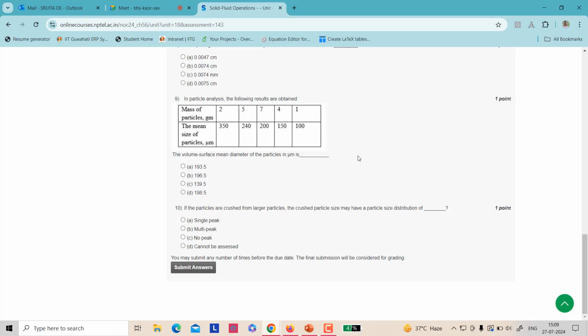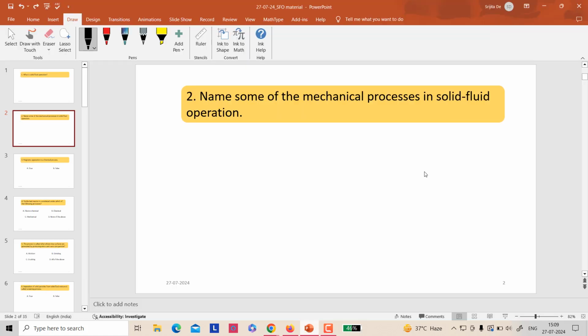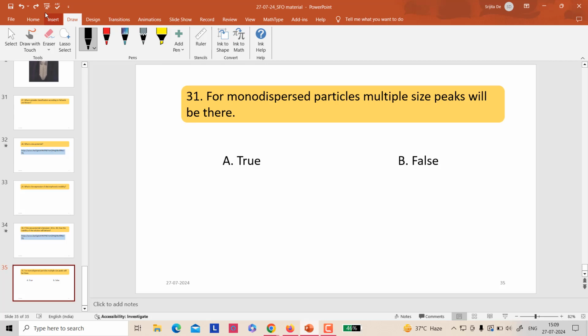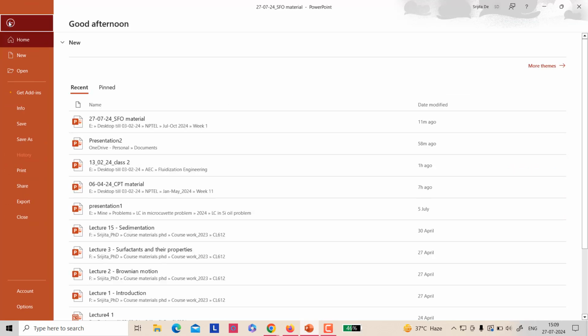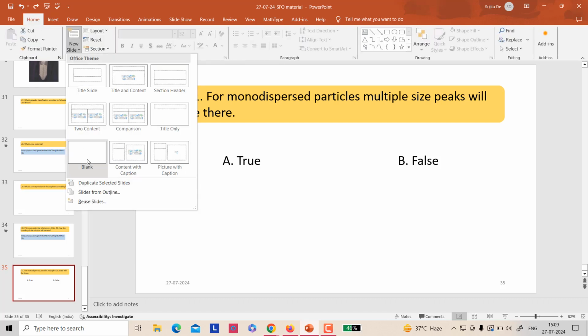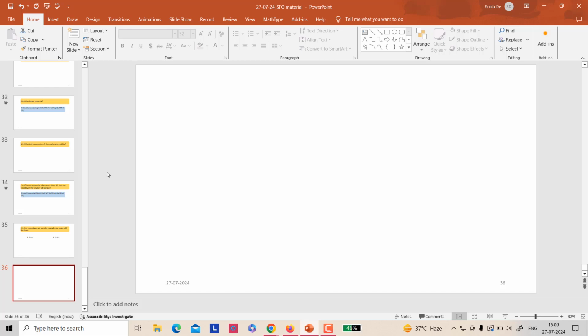So it is the summation of the mass fraction. The formula to calculate the volume surface mean diameter is 1 by summation of xi by di, right?